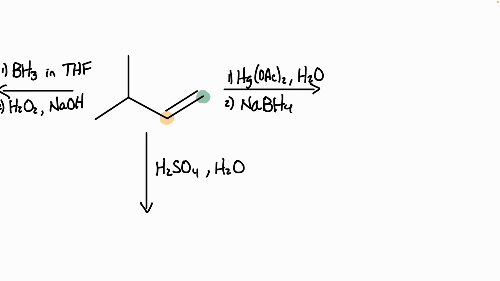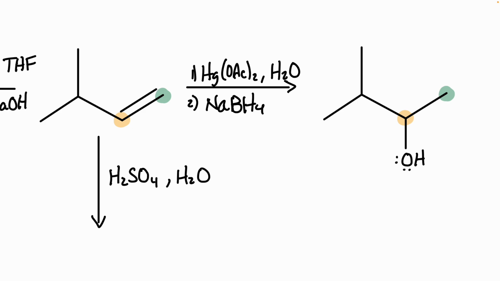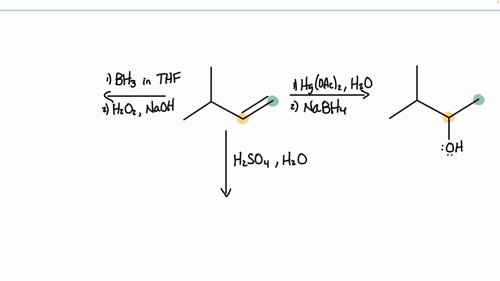The question really is, which side of that double bond, orange or green, for our oxymercuration reaction? It'll be that more substituted orange carbon. And for my hydroboration, which one is it going to be?